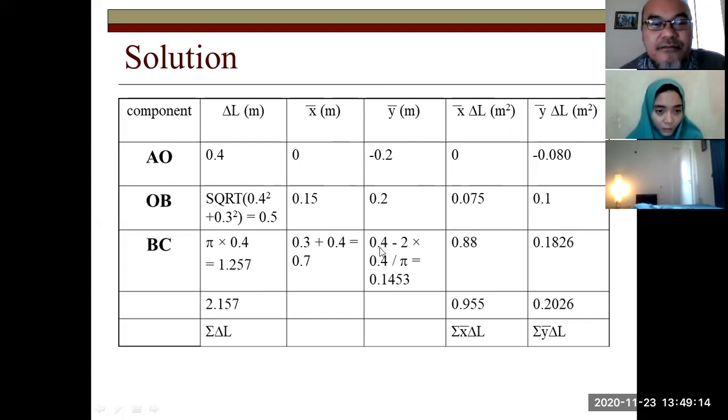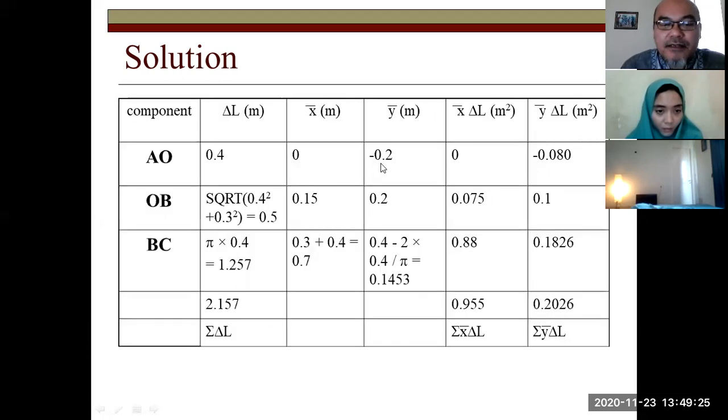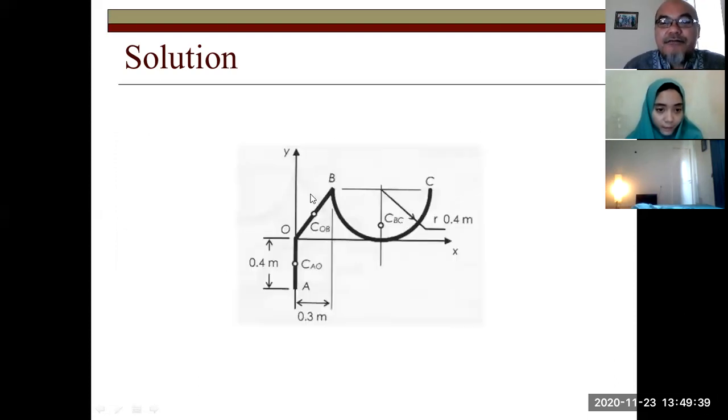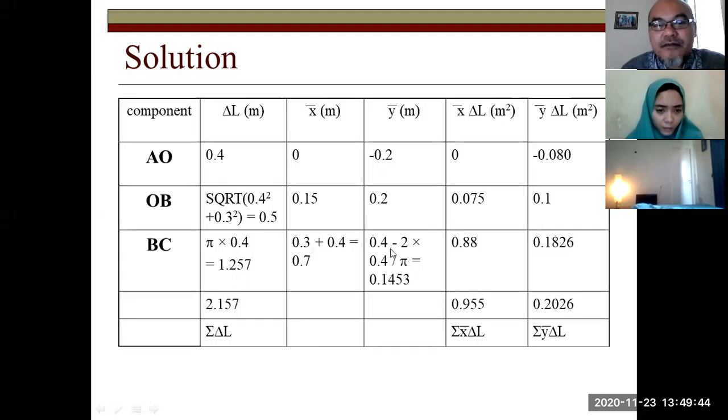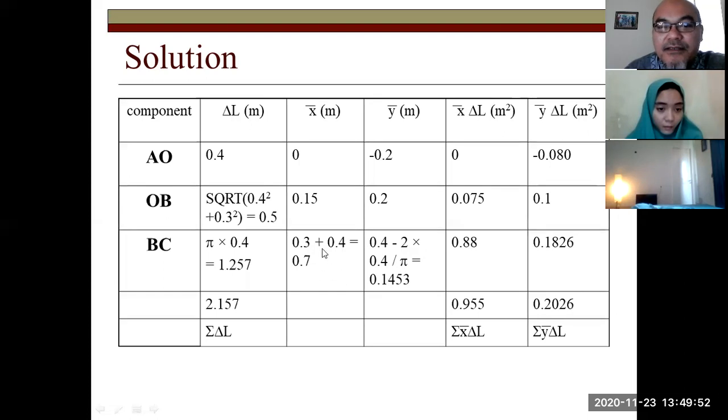Then for BC, the semicircular arc, delta L is from the formula for the perimeter of a circle, half of pi times the diameter, or basically pi times r, which is equal to 1.25 meter. The x coordinate is the radius 0.4 plus 0.3, so it is 0.7 meter.